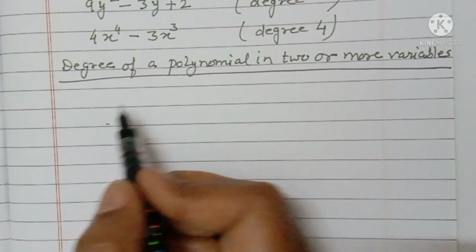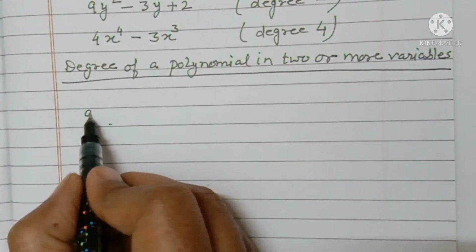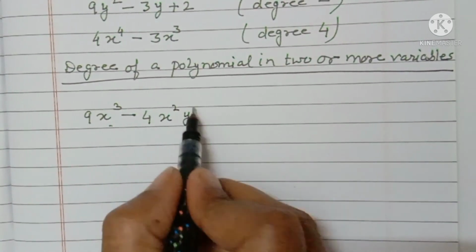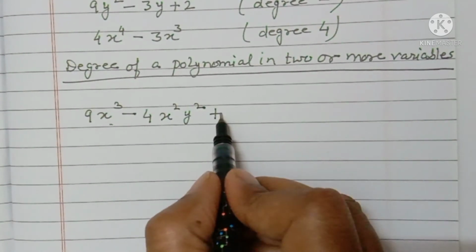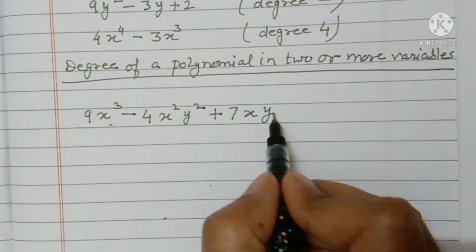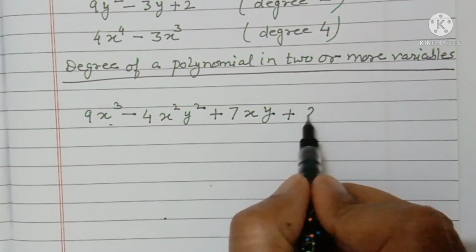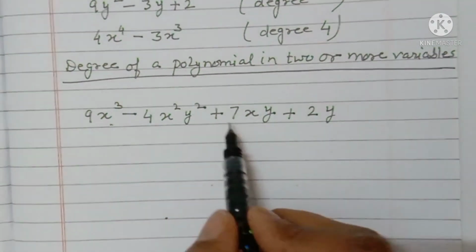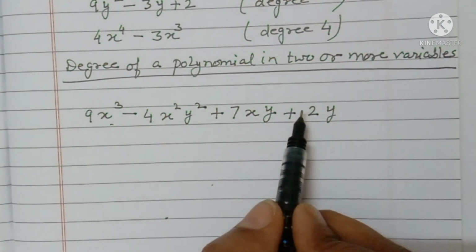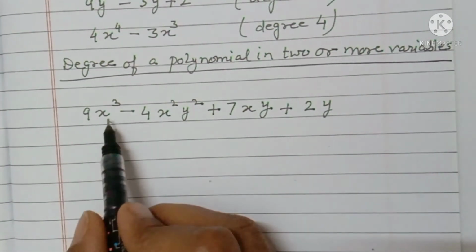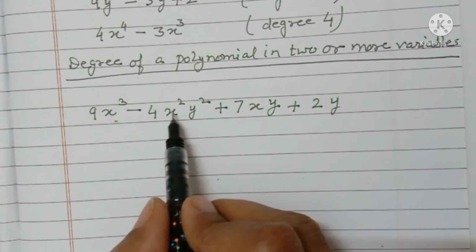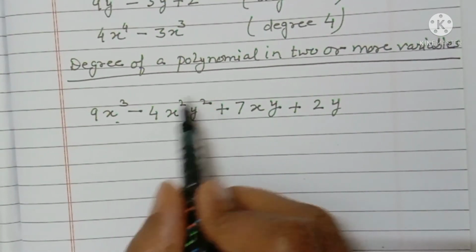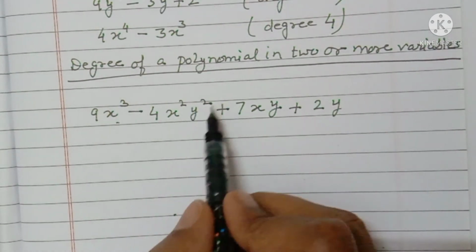First we take an example. Suppose 9x cube minus 4x square y square plus 7xy plus 2y. Here two variables are involved in this expression, x and y, and the term which has the highest sum of the powers of the variables gives the degree of the polynomial.